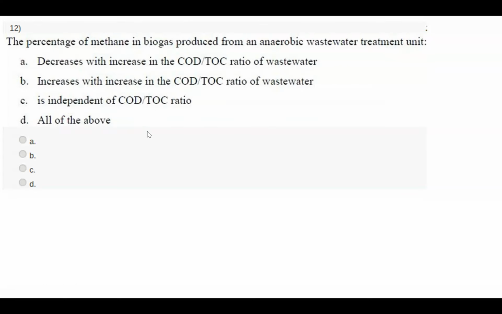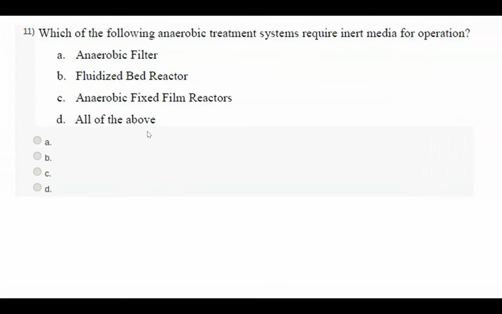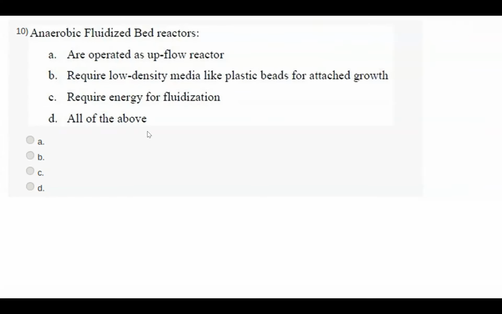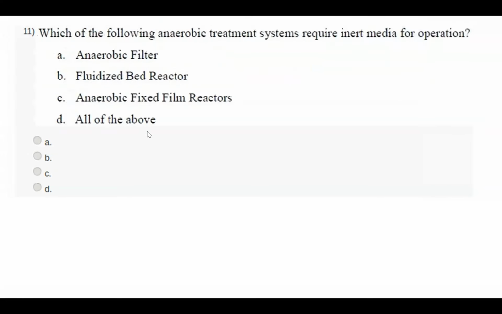Now, 11 is done, right? Okay. Which of the following anaerobic treatment systems requires inert media for operation?